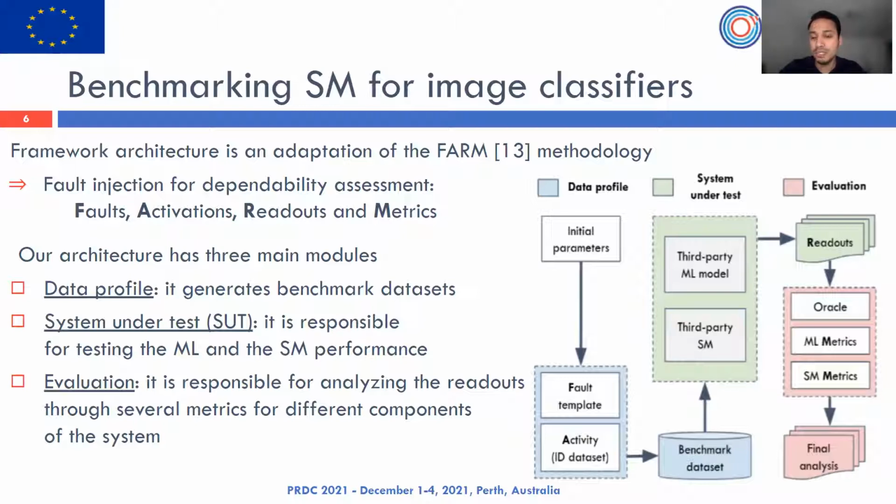The second module is the model that we want to test in the system. Here we use a machine learning model and a safety monitor. And the data set containing these transformed images is applied inside this module. And in the end, we have the outputs of this test, and we evaluate these outputs to give some analysis.